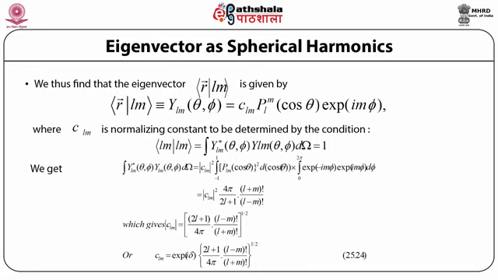Here it is important to remember that L is the orbital angular momentum number and m is the magnetic angular momentum number.